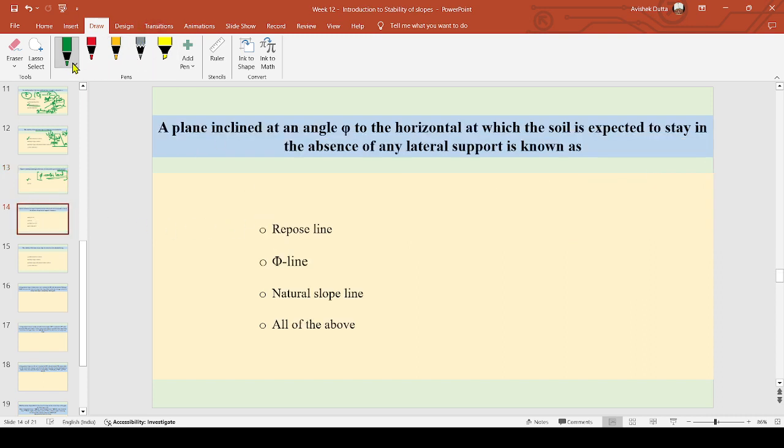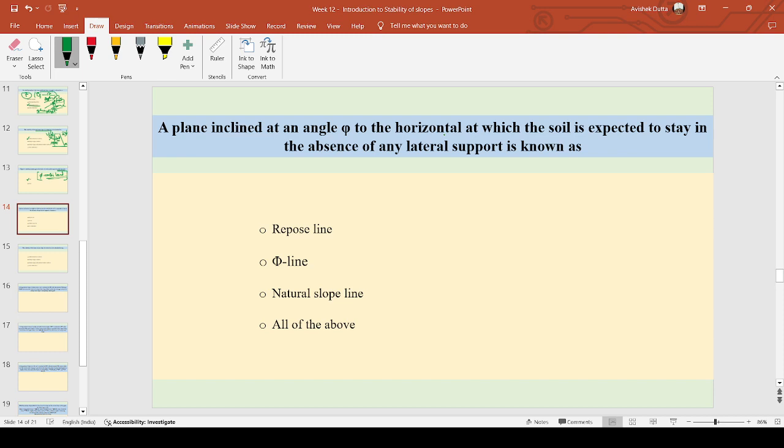A plane inclined at an angle phi to the horizontal, at which the soil is expected to stay in the absence of any lateral support, is known as. So, in the absence of any lateral support, the slope is a natural slope, firstly, and up till a slope angle of phi, if it stays without failing, then that plane which proves that it can stay stable up till angle phi is called a repose line, that we all know.